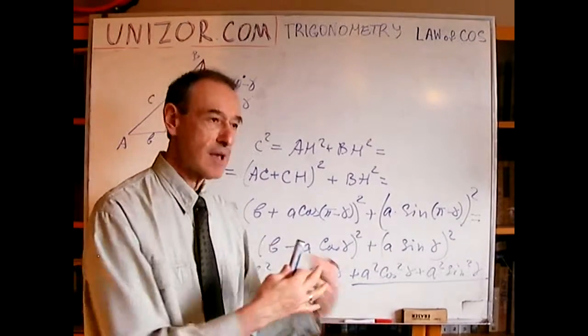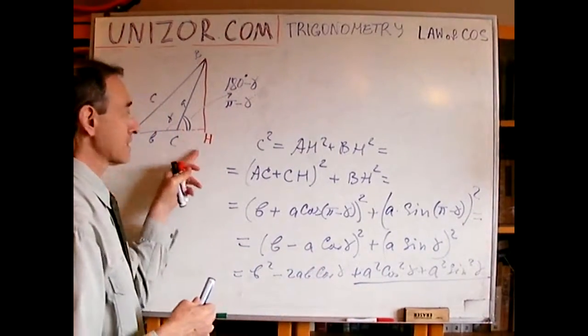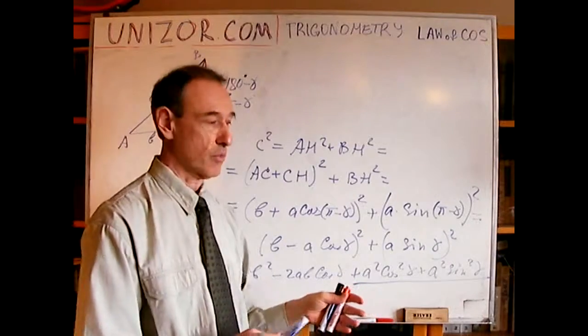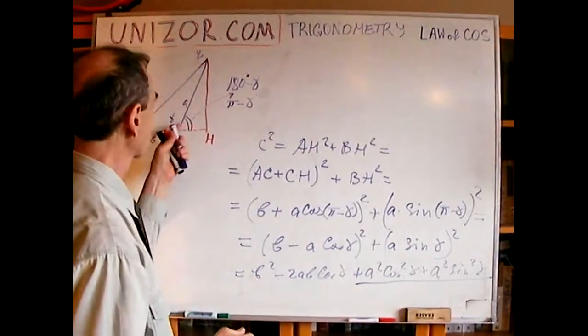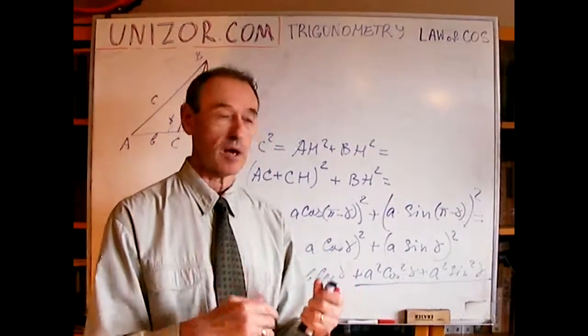We just came to this slightly differently. And our drawing in this particular case is dramatically different from the one which we had before. And we have to consider the angle 180 degrees, or pi minus gamma, instead of gamma.